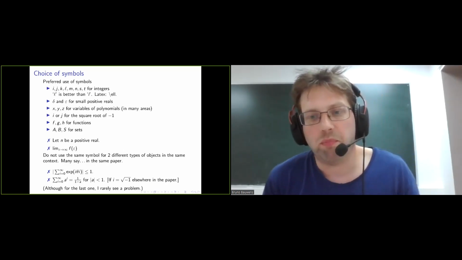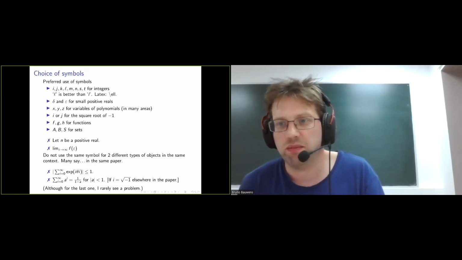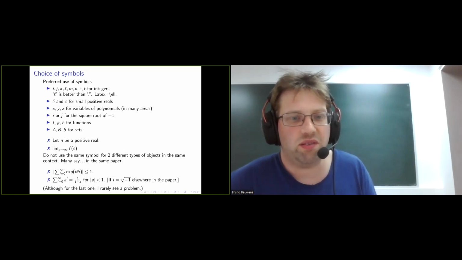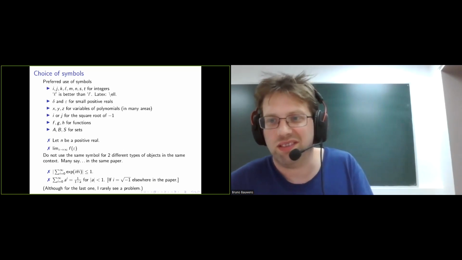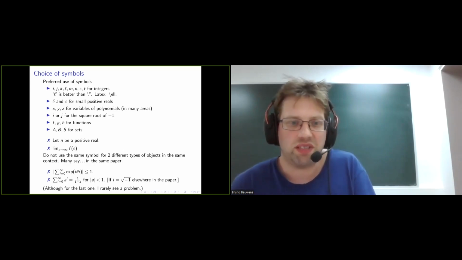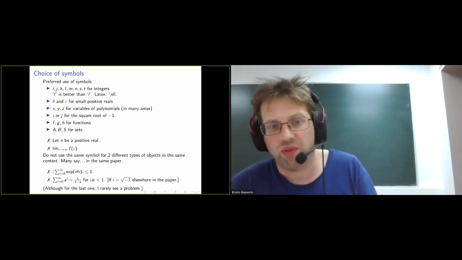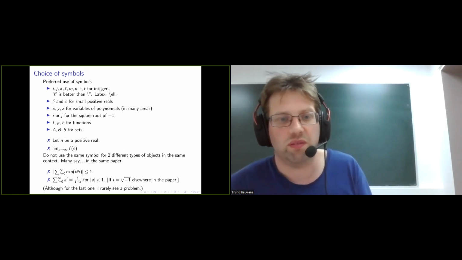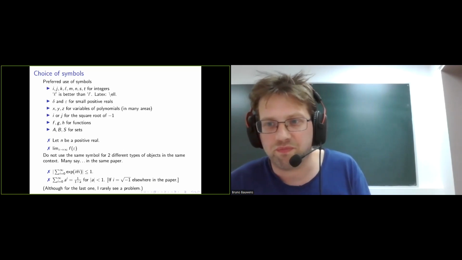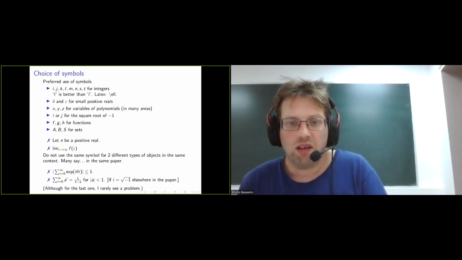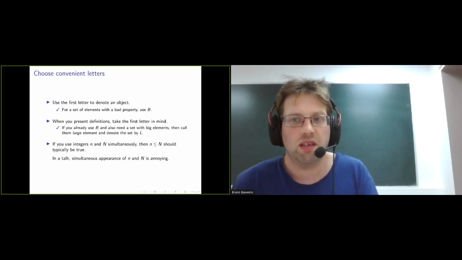But in my opinion, it's not a problem. If you have a clear paper with not too many symbols, then you can use the few symbols in different meanings, if the context makes everything clear. The first example is, of course, problematic. If you use the same symbol in two different meanings in a formula, that's terrible. Okay, these are kind of obvious things.